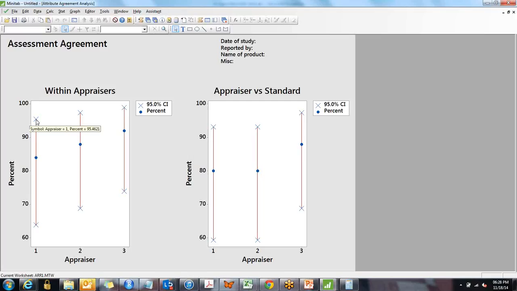For appraiser 2, I can say with 95% confidence that his percentage matched value will fall between 68.78% to 97.45%. Is this interpretation okay for you, Anuj?